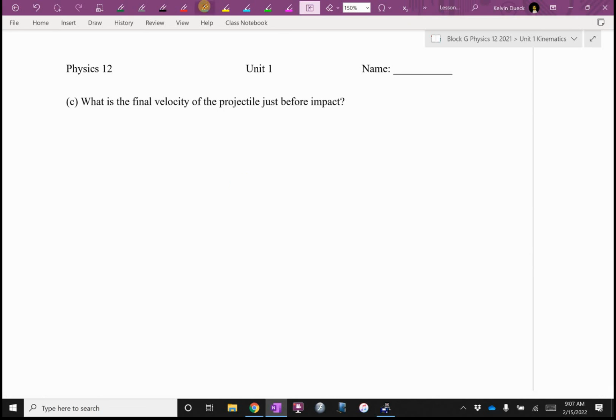I'm going to argue it looks like this. Again, it might be steeper, might be shallower. It's going to look like that-ish. It's going to hit the ground at an angle. Always do Vx, the horizontal, first.